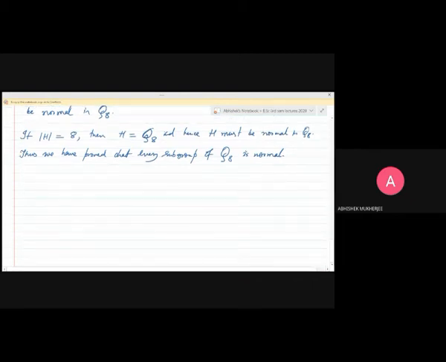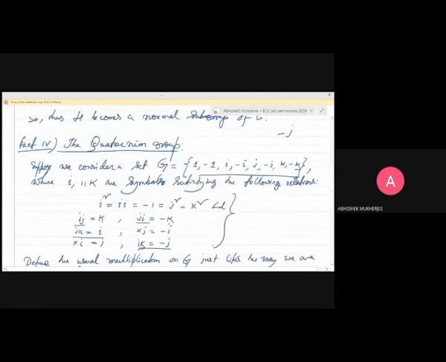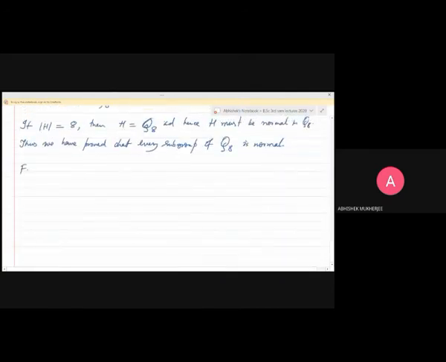Now, fact 5. What is fact 5? I have defined already what you mean by the center of any group, right? So, let G be a group and Z(G) be its center.